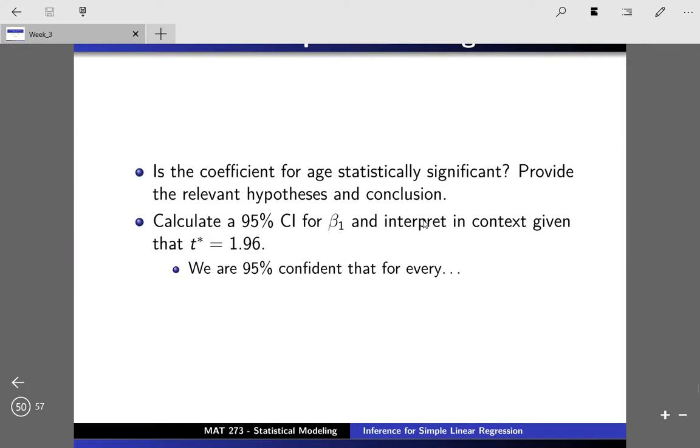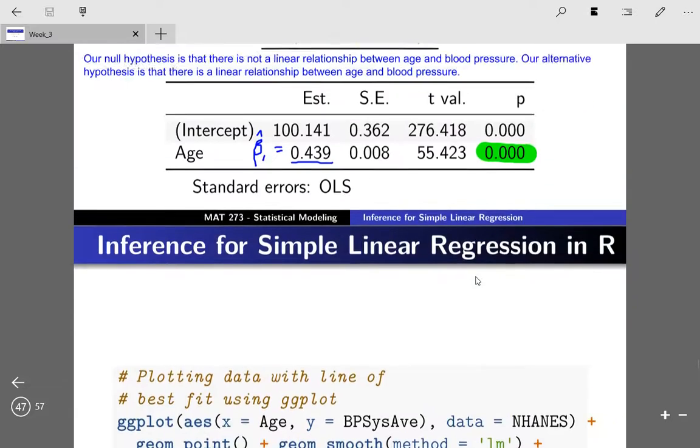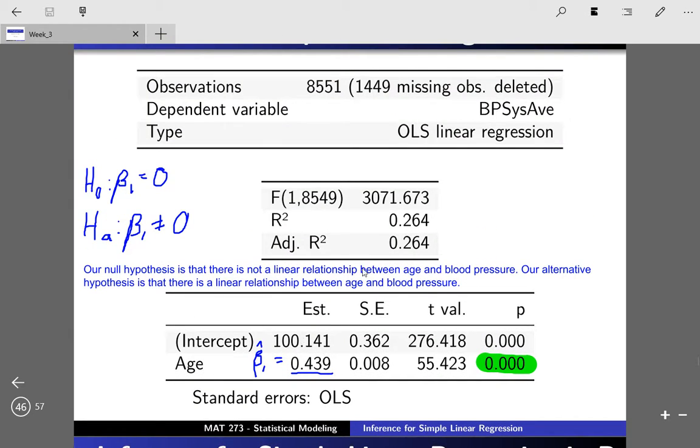All right, and then calculating a 95% confidence interval for beta 1. We again go back to the output here. We're going to use this fact that beta hat 1 is equal to 0.439, and we're just going to round that to 0.44.